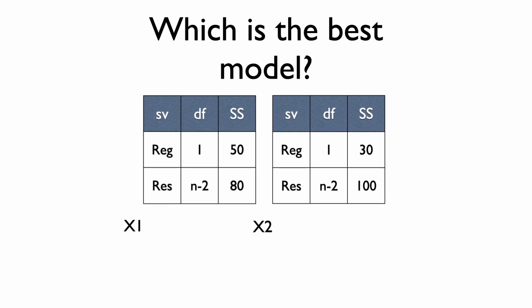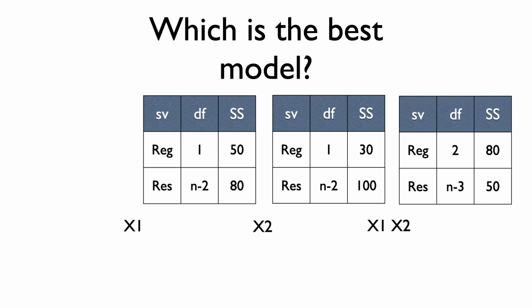There's the x2 model. That's just with x2. So x1 is not in this model. You can see it's explaining a little less. You look at the sums of squares, it's explaining a little less. Oh, we could do x1, x2. Explains a lot.